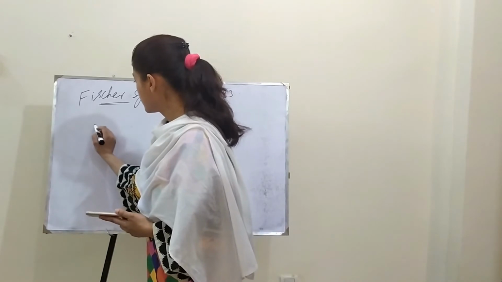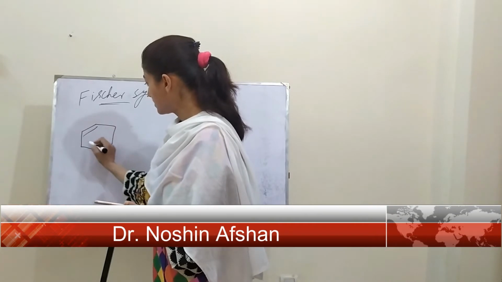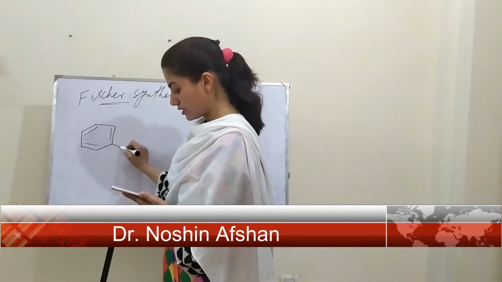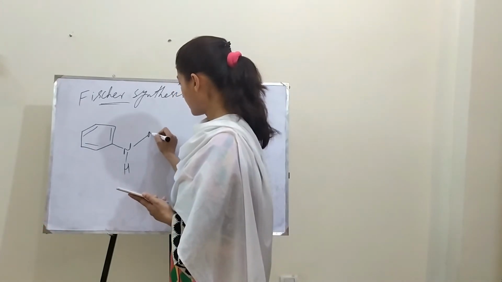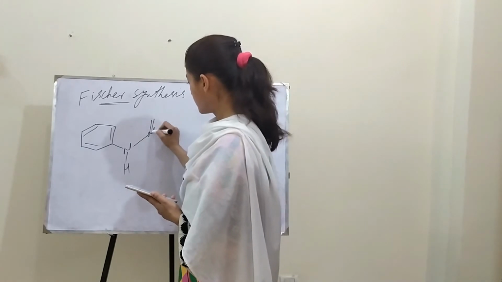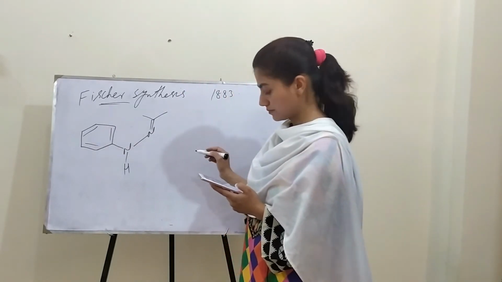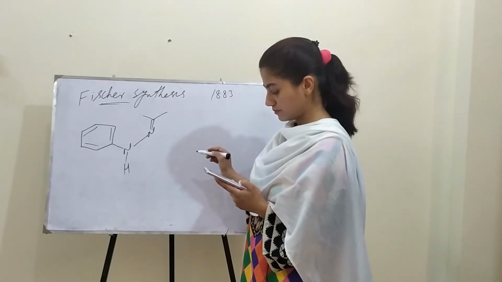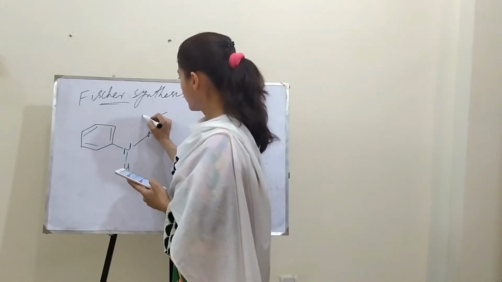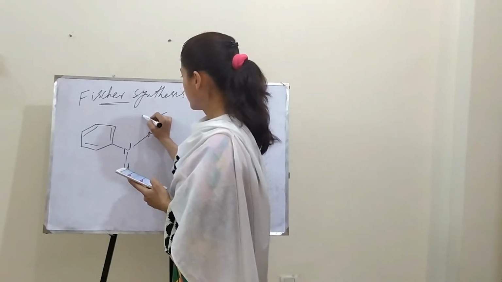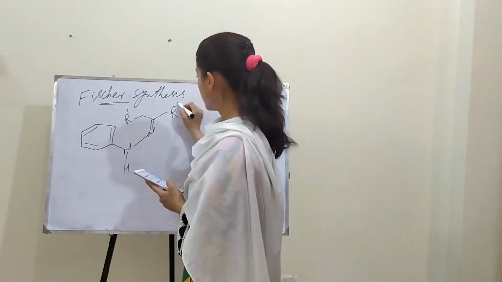And let's take a general reaction. Here a benzene ring is attached with this compound NH and with double bond over here, and here it is R1 and it is R2.